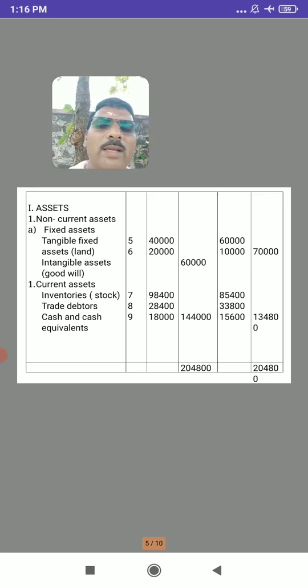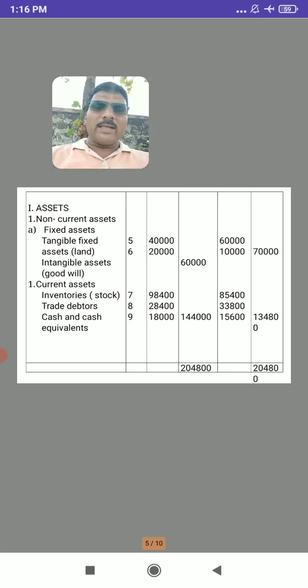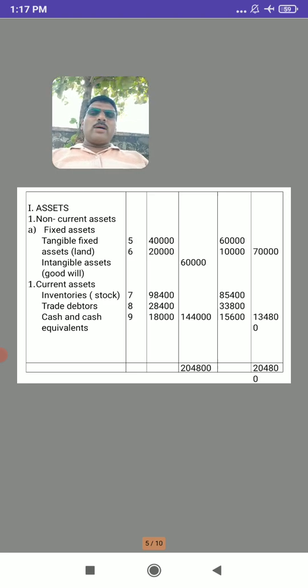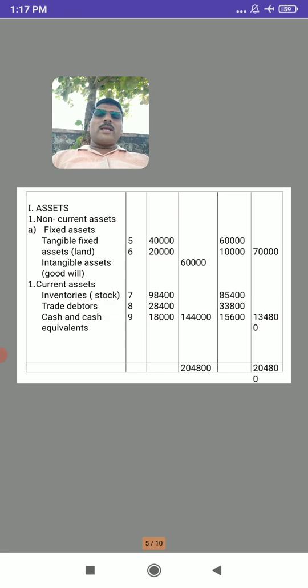So totally here we are getting 2,04,800 assets in 2016 and 2,04,800 in 2017. So here the vertical balance sheet is given. Under this, the notes to accounts are given, under which note what type of asset or liability is given, and detailed information is given here.